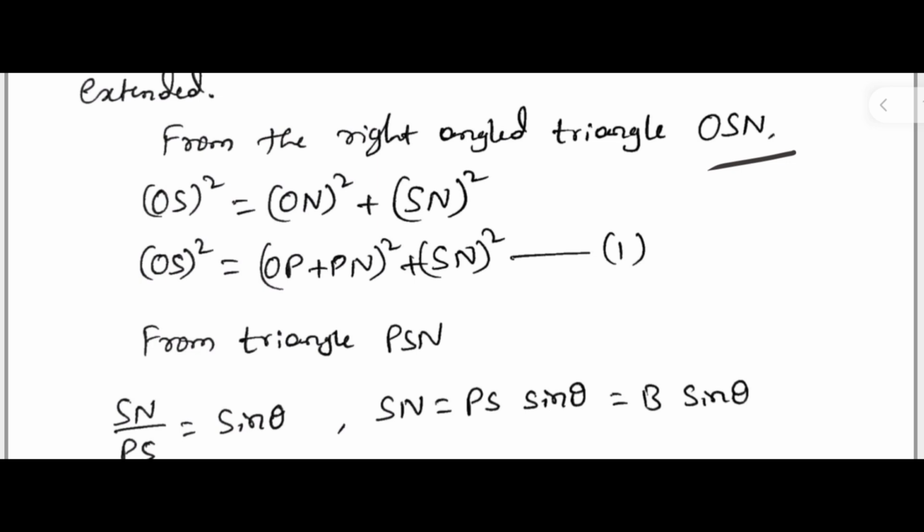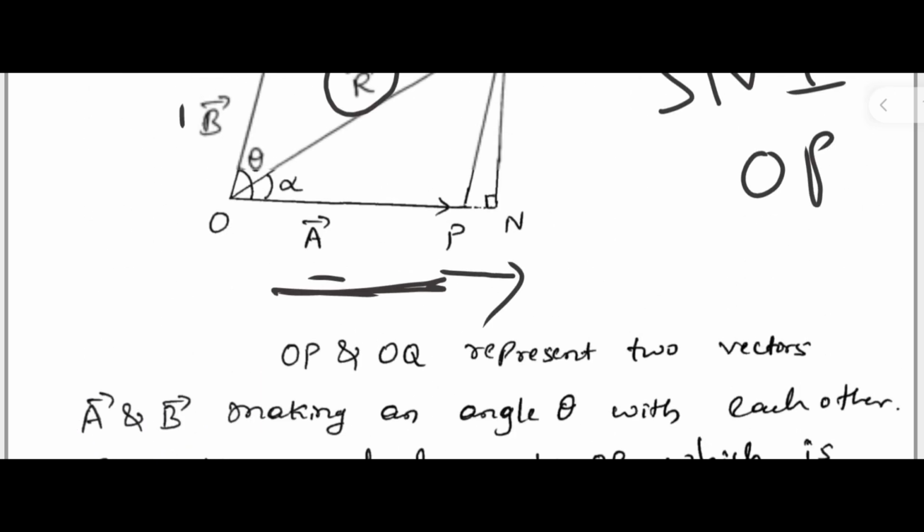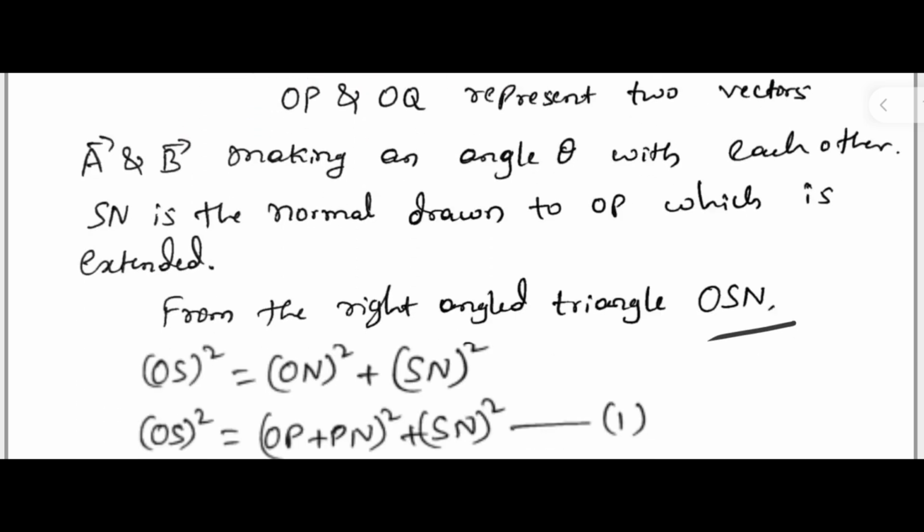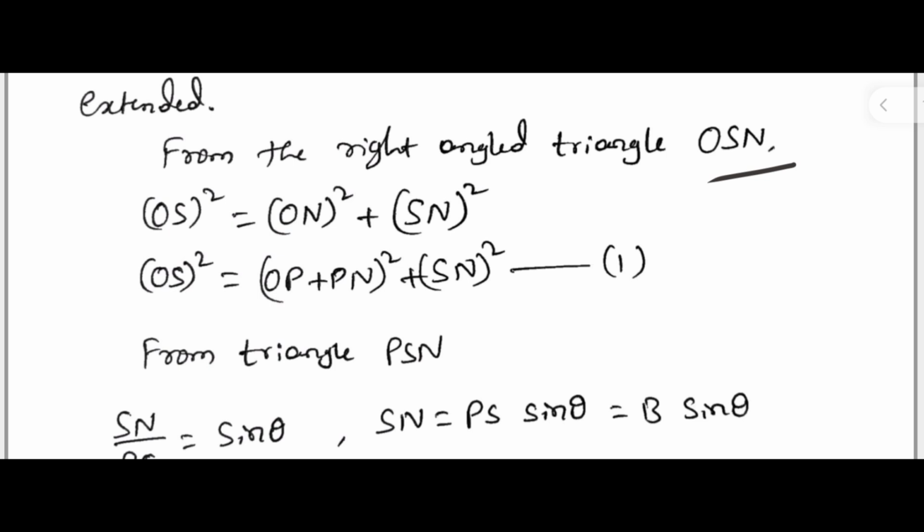Next, ON square we split: ON equals OP plus PN, so ON square is OP plus PN whole square. Take this as equation 1.